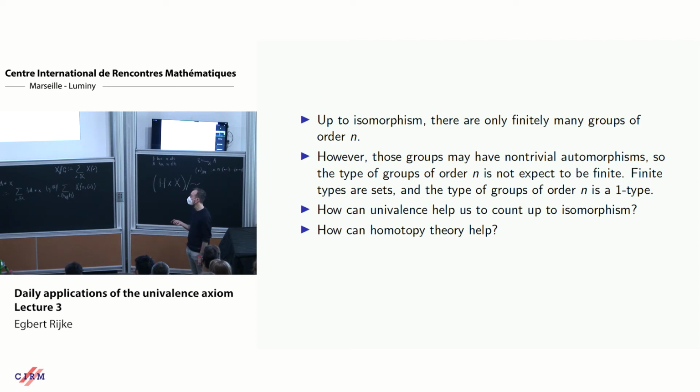And how can homotopy theory help? So I'm just going to throw some crazy homotopy theory at this problem. It shouldn't be necessary, but just for the fun of it.